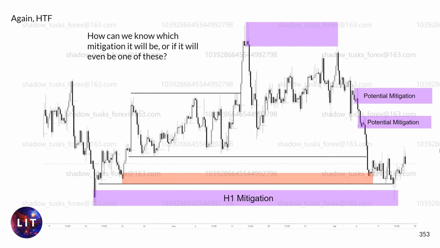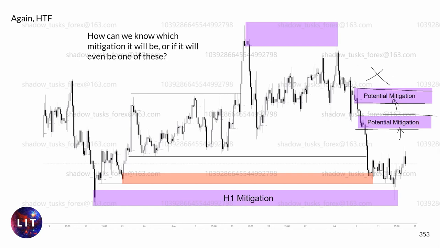This is where you need to get out of the mindset of predicting, and we just need to react. So we've got a couple potential mitigation zones. But how do we know if it's going to be this mitigation zone or this mitigation zone? Or maybe it will be none of them.